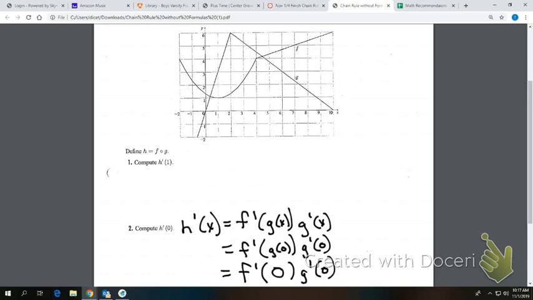And then the slope of g at 0, that slope we already found is what, guys? 3. So we'll go -1 times 3, so that equals -3. It's hard to do all this on the iPad.